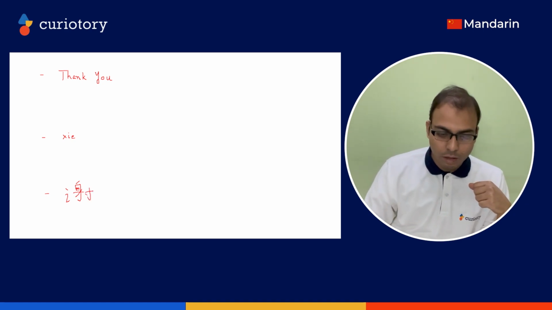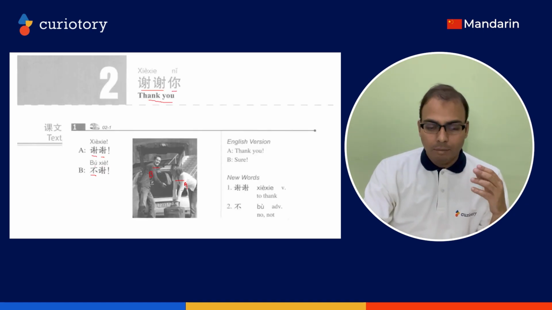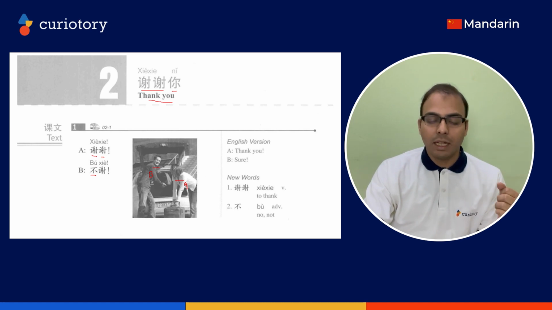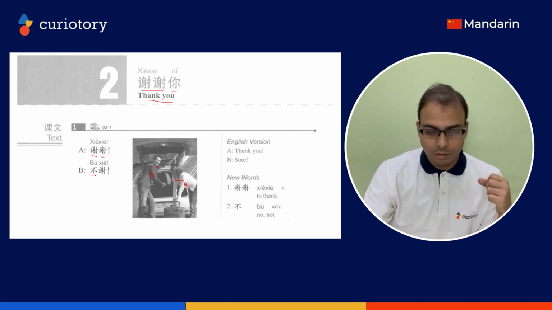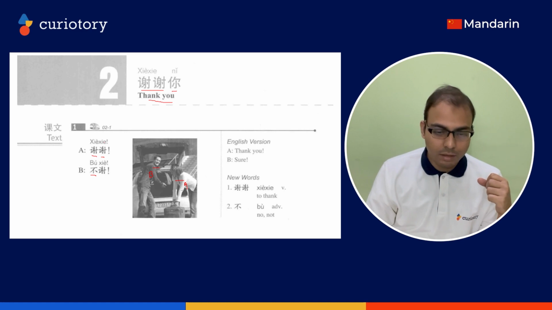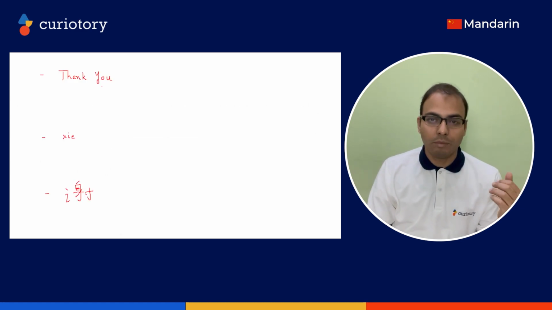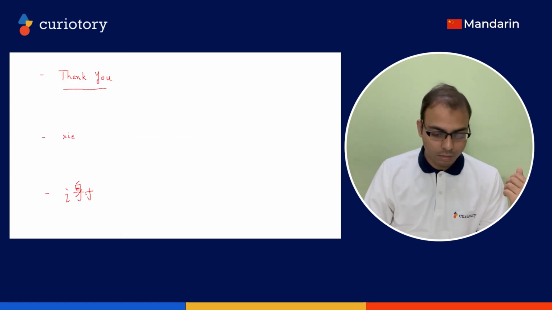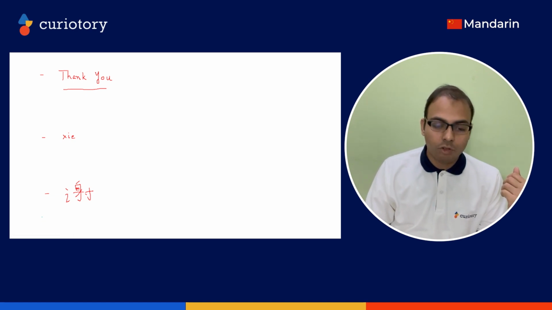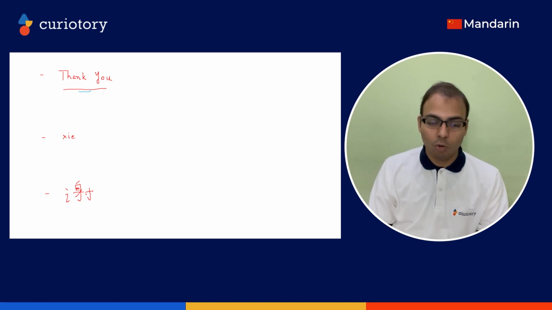By the way, xie xie and xie both mean thank you. So the first aspect is the meaning part or the subject part. The subject here is thank you.